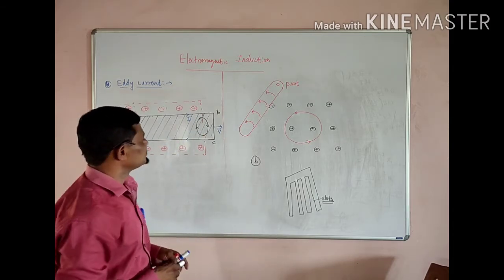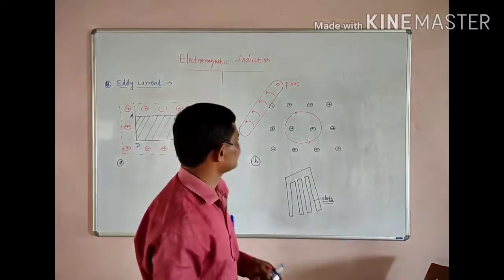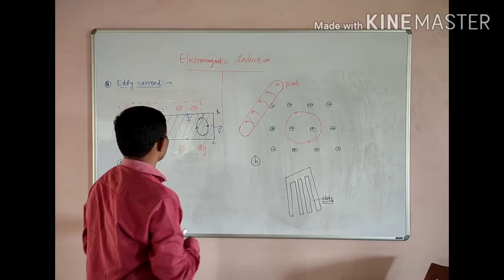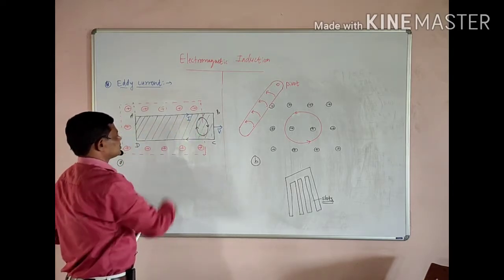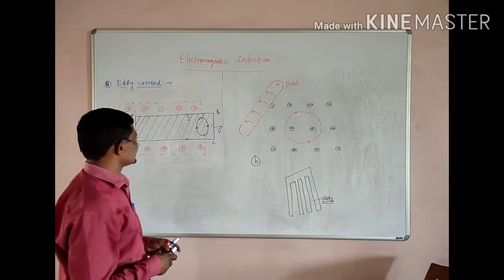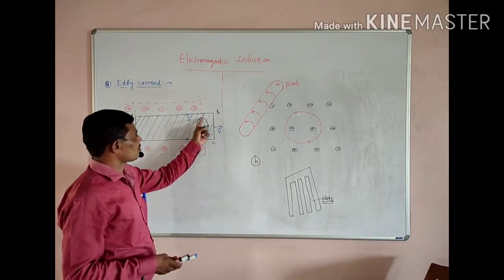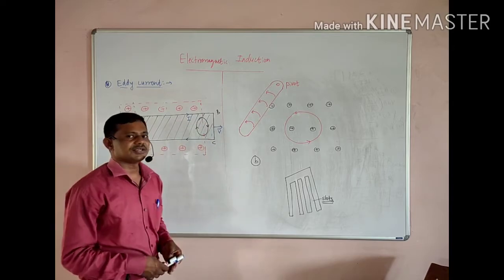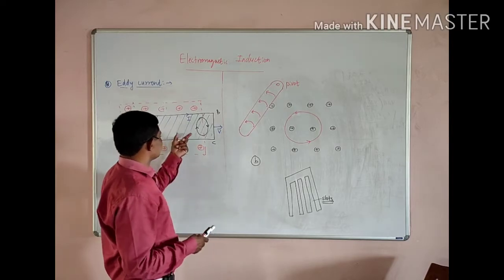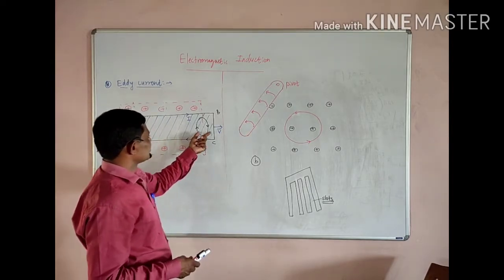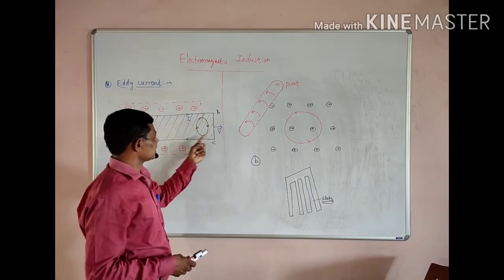This will look like eddies on the outer surface, or such a number of small loops are observed inside a conducting plate. Such current which is formed here is called an eddy current. Suppose during this process a mechanical work is done on this conducting plate.